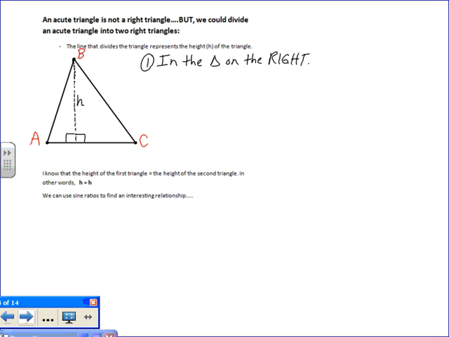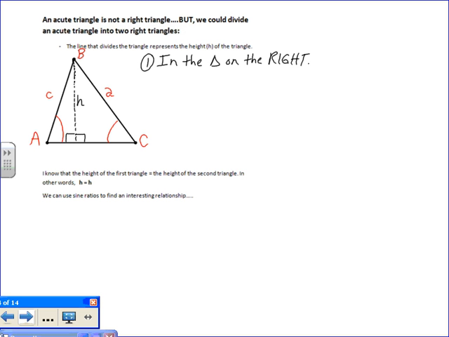Let's call this length right here from A to B little c, so it's right across from angle C. And we're going to call this side length B to A little a, lowercase a, because it's right across from angle A, which is a different angle.